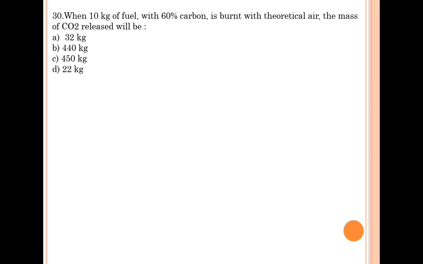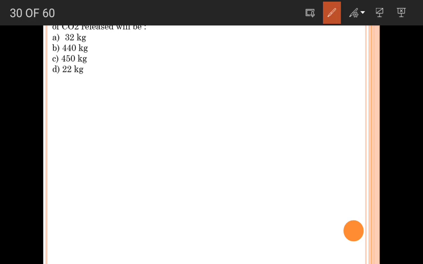So here we have, when 10 kg of fuel with 60% carbon is burnt with theoretical air, the mass of carbon dioxide released will be. Here we should calculate in this way.